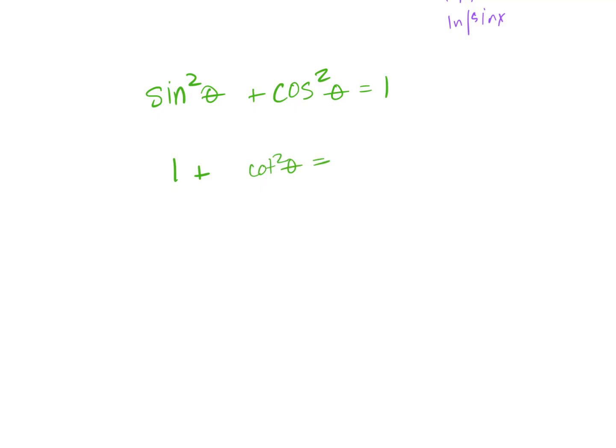And then 1 over sine squared theta would be cosecant squared theta. Everybody good? Likewise, if I divided that whole thing by cosine squared, I would have tangent squared theta plus 1 equals secant squared theta. Is everybody good?